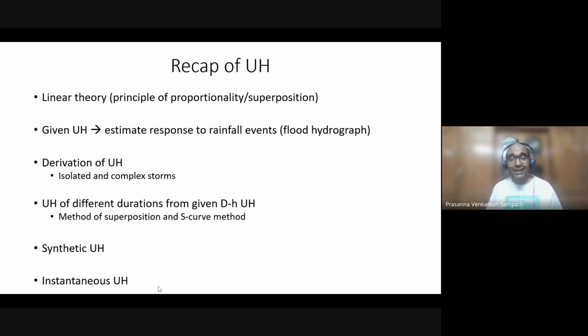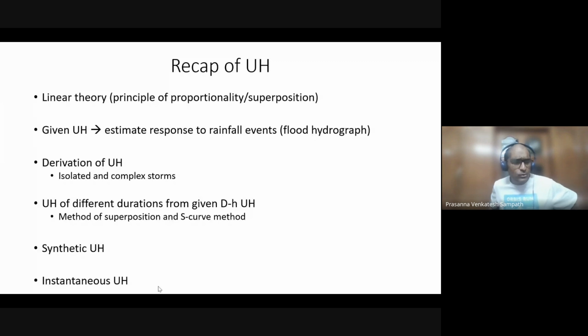The second aspect of the linear theory is the principle of superposition, which is that if I have two rainfall events, one happening after the other, then I can add the responses of these two events by superposing the solutions one after the other, and you get the response of the overall event, which might be broken up into two events of different magnitudes.